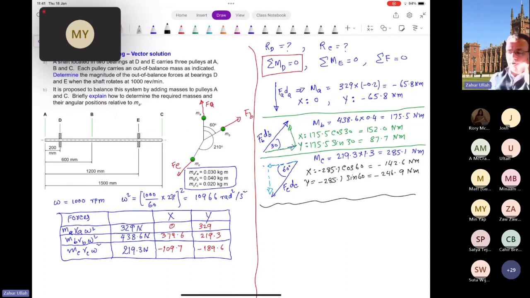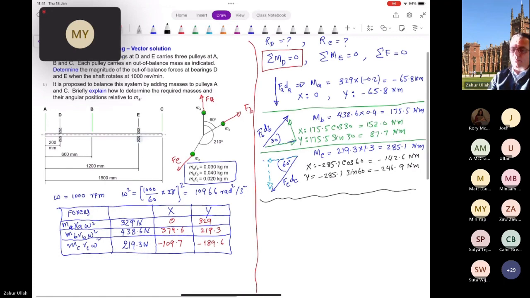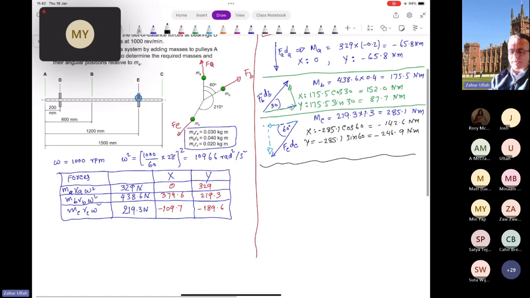So now you need to apply this condition, which is summation of all the moments at D equals 0. So now you need to apply this to calculate the reaction at E, because we are taking the moments at D. So we need to calculate the reaction at E here. Now, because we don't know the direction and we don't know the magnitude of RE, which is both unknown, we can assume that this is our RE.